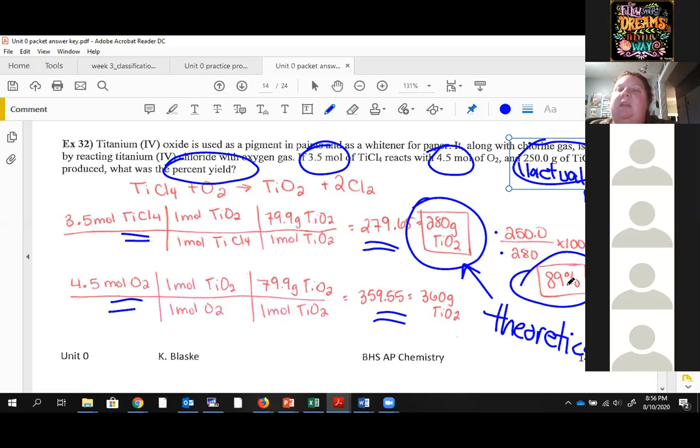But that's something that would be given to you. Or really what will happen is when we start doing more lab experiments, we'll actually be doing a percent yield ourselves. We'll crank through the math and find out what we should get. We'll measure the mass in the lab on a balance, and then we'll be able to do that calculation.